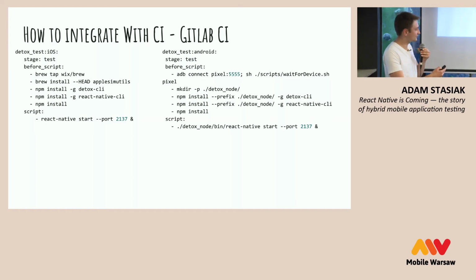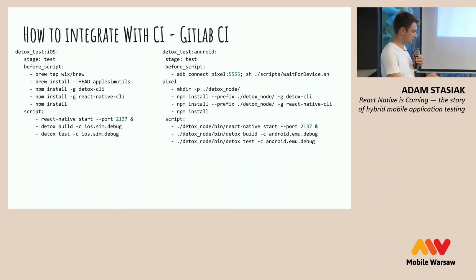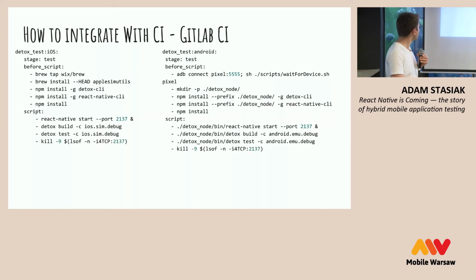So we have to move this to the background. Next, we call the Detox build command from the Detox framework. You can see that for iOS, I specified the iOS configuration. It's from PACKAGE.JSON. And for Android, I declared the Android emu debug config. Next, we call the Detox test command, and you see the same configurations. And the last thing and the most important is to kill our React Native packager.